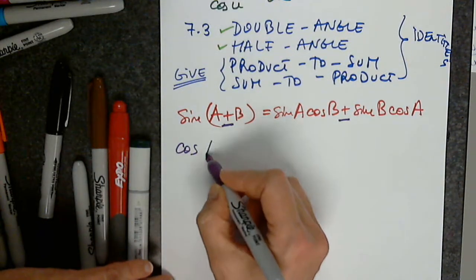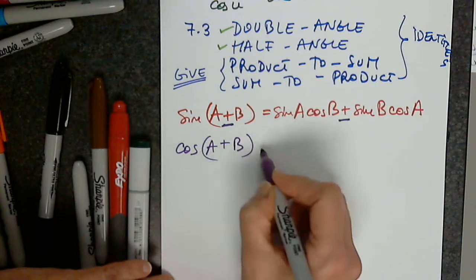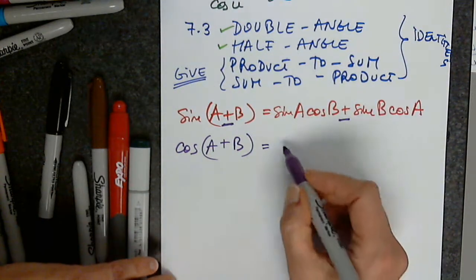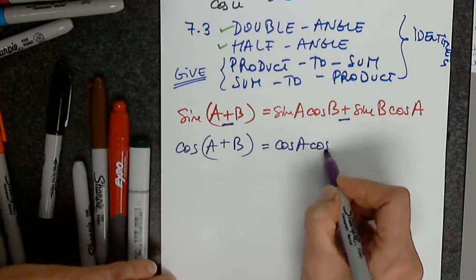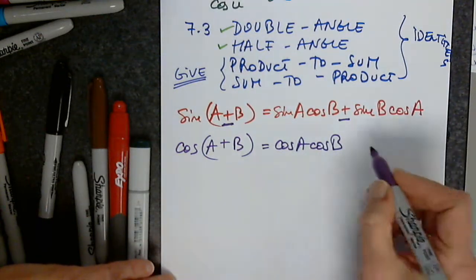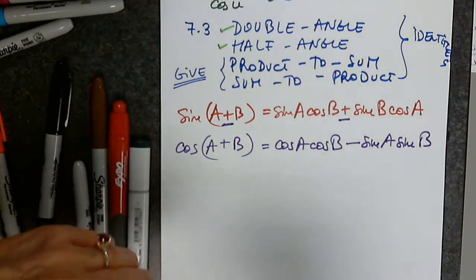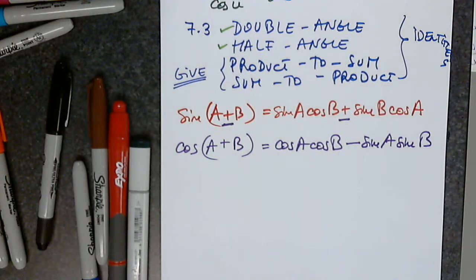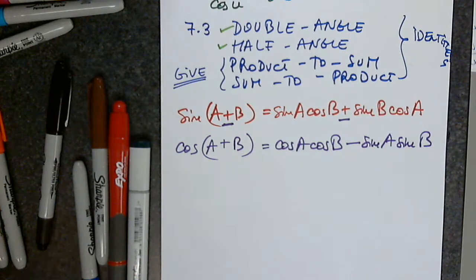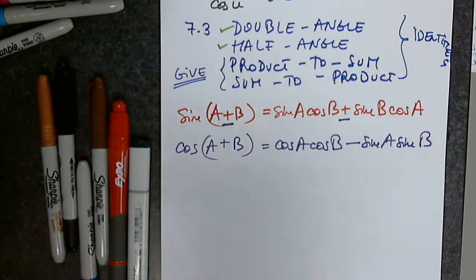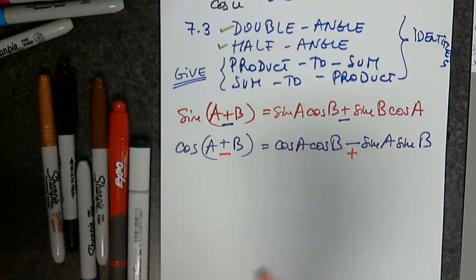Next one, cosine (A plus B). The formula is cosine A cosine B, but minus sine A sine B. It's important to remember that sine of the sum of two angles goes sine, cosine, but the cosine goes cosine, cosine, sine, sine. So of course, if we have minus here, then we have plus in the middle.